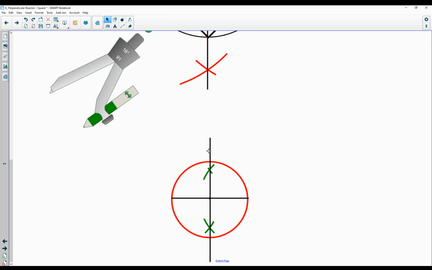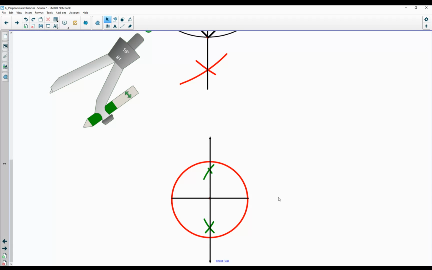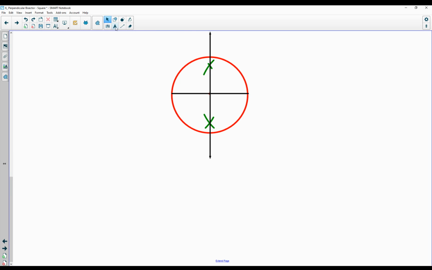You should put your arrows on the end of this. Perfect. And now we can make our square because we have our 4 points. We have 1, 2, 3, 4. Remember, it's inscribed because the vertices are actually on the circle itself.